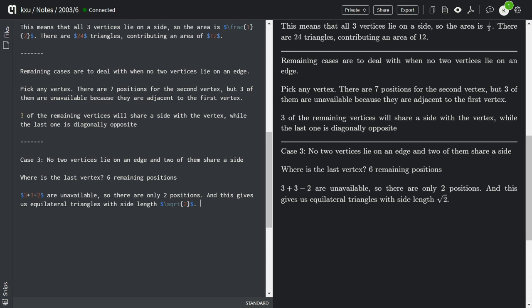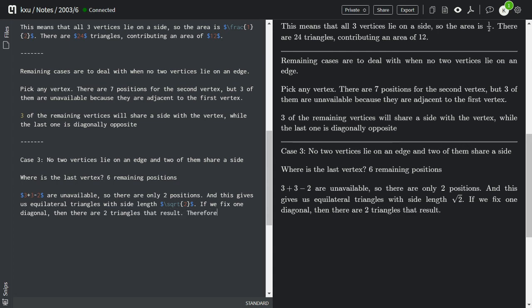There shouldn't be too many, but if we really wanted to brute force it, I guess, if we fix one diagonal, then we found that there are only 2 triangles that result. Therefore, since there are how many diagonals? Well, there are 6 faces with 2 diagonals each, so there are 12 diagonals.